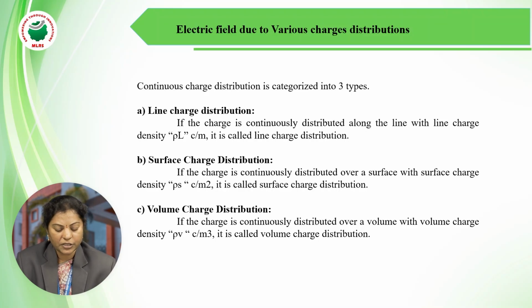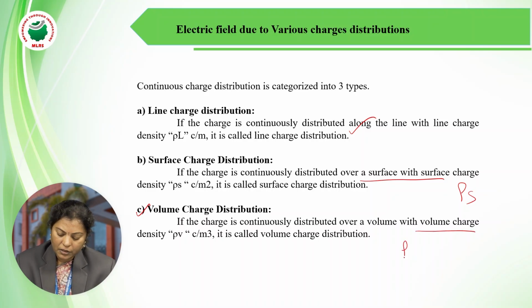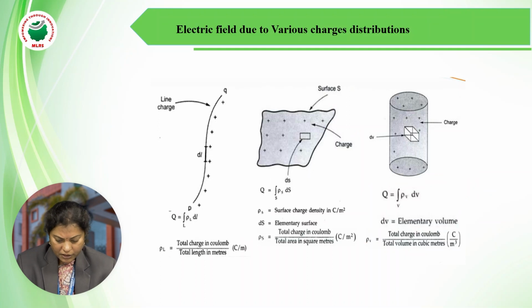Next, if the charge is continuously distributed over a surface with surface charge density rho S, it is called a surface charge distribution. Next, the volume charge distribution: if the charge is continually distributed over a volume with volume charge density rho V, it is called a volume charge distribution.